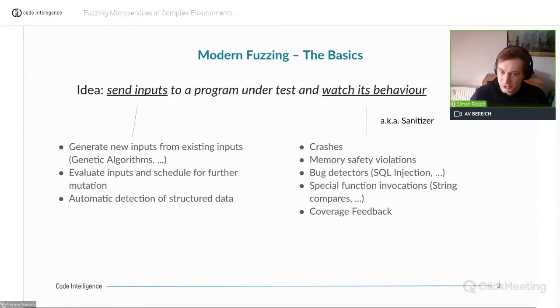And maybe most importantly, the fuzzer keeps track of how far into the code each input went. That's how the fuzzer evaluates each input. It tries to maximize code coverage, which is a good signal that we have a higher chance to detect interesting bugs.